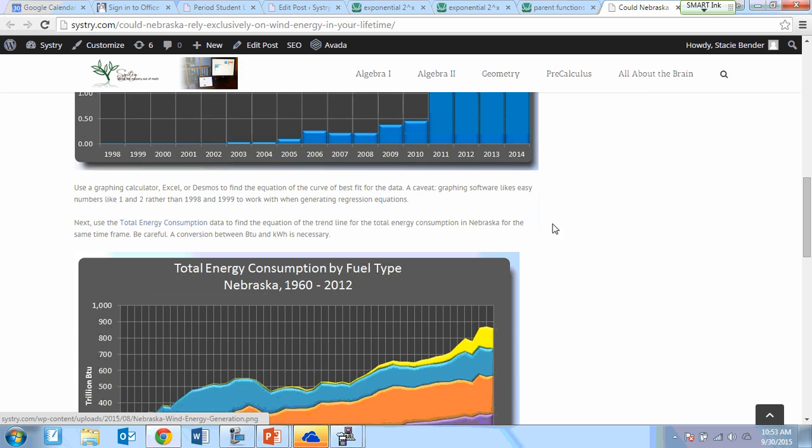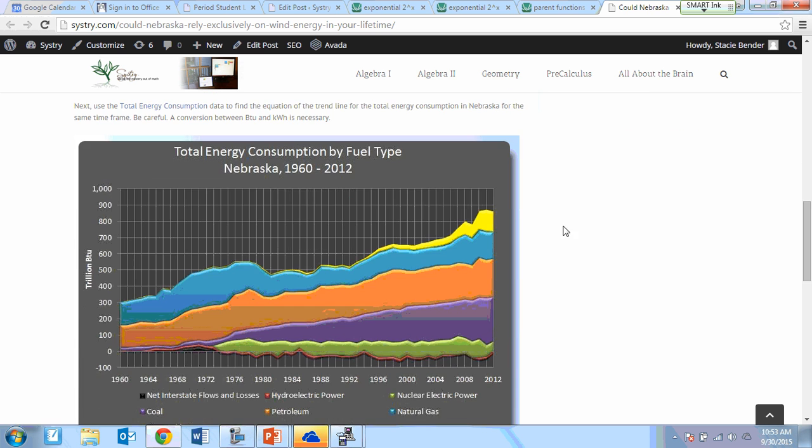The crazy thing is, even though we're going up, the yellow is our wind energy. The orange is petroleum. Coal is the purple. Natural gas is the blue. And we have a little bit of hydroelectric. It's red down here.